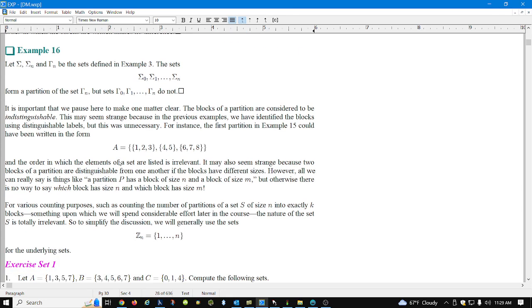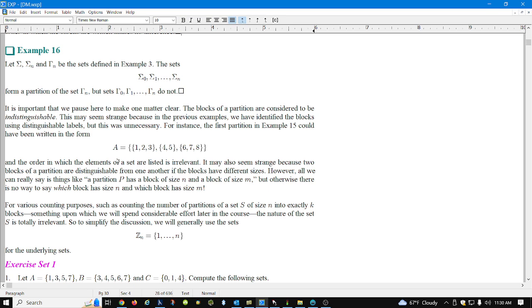It may also seem a bit strange because two blocks of a partition would be distinguishable if they have different sizes. But what's really permitted to say is only something like a partition P has a block of size n and a block of size m. Otherwise, there's no way to tell which block has size n and which has size m.